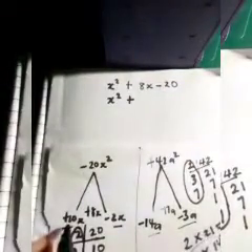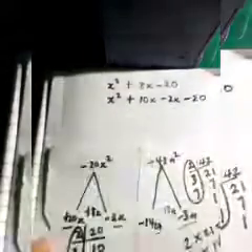So these are the two numbers we need. So come here, x squared plus 10x here, then minus 2x here, and minus 20.